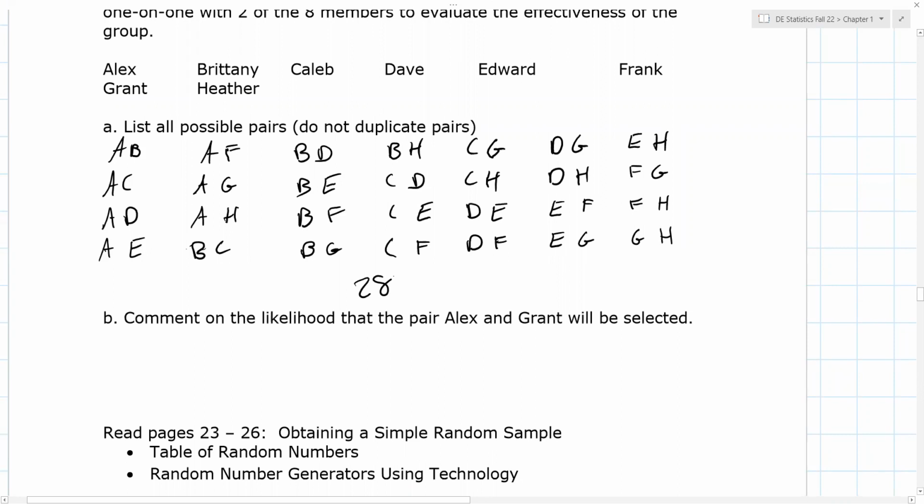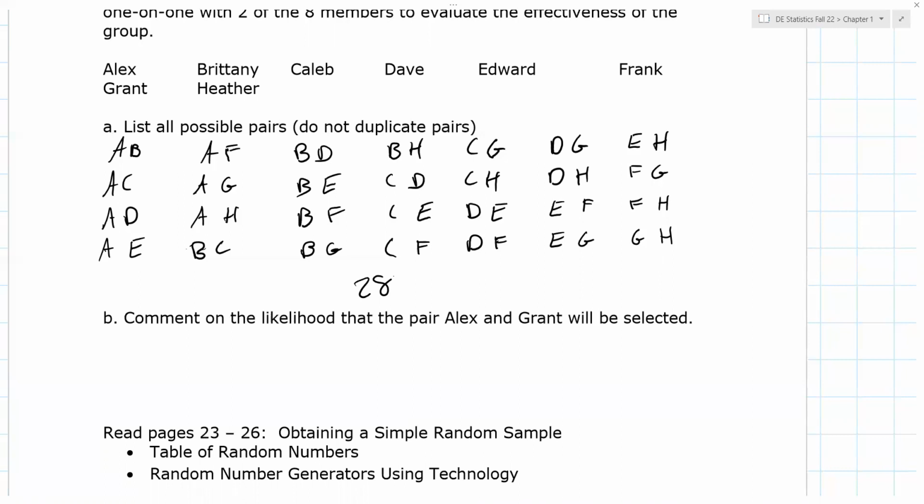Now the question is, what is the likelihood that Alex and Grant are the pair picked? A likelihood is essentially a probability. We need to look to see how many ways Alex and Grant can get picked and divide that by the number of possibilities for that pairing. So go to our list of 28 pairs.